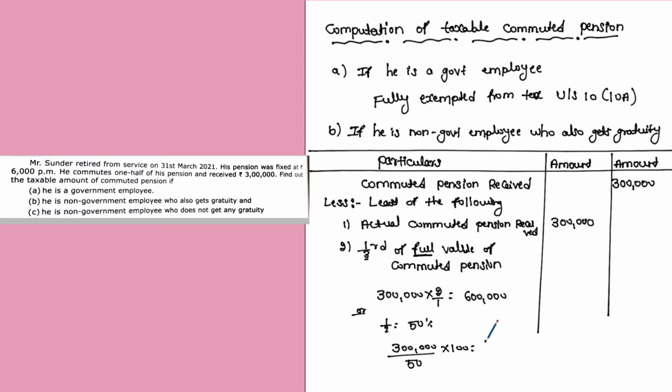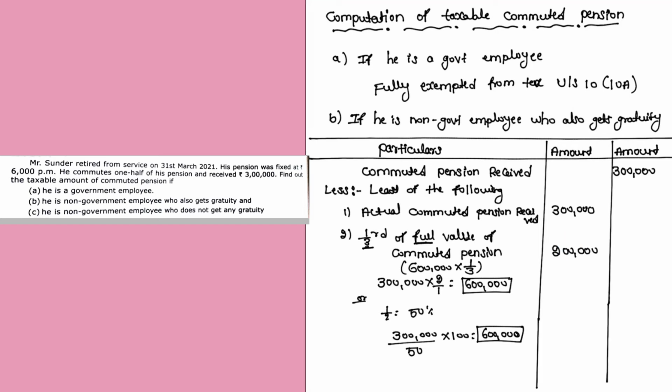If you multiply, you will get 6 lakhs. In this full pension of 6 lakhs, they are saying 1/3. So 6 lakhs into 1 by 3, you will get 2 lakhs.